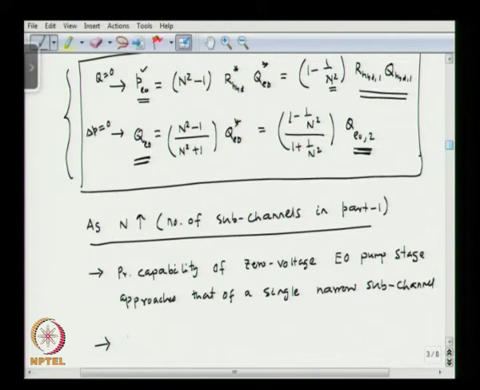So, the free flow rate would approach that of the wide channel 2, okay.